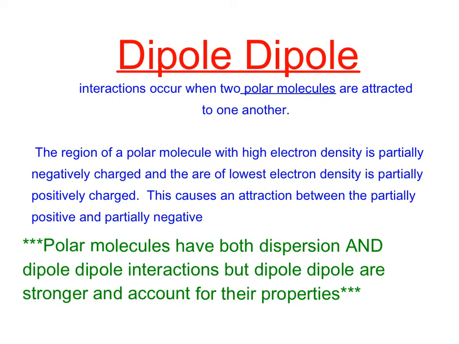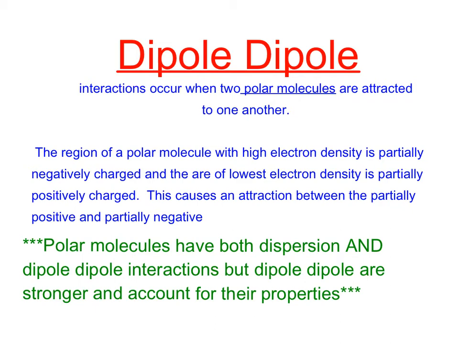Next up is dipole-dipole. They're pretty similar to dispersion. The difference is dispersion is a temporary dipole. Dipole-dipole is a permanent dipole. So when you have two polar molecules that are attracted to each other, all that big old paragraph says is that the positive side of one molecule is going to be attracted to the negative side of another molecule.